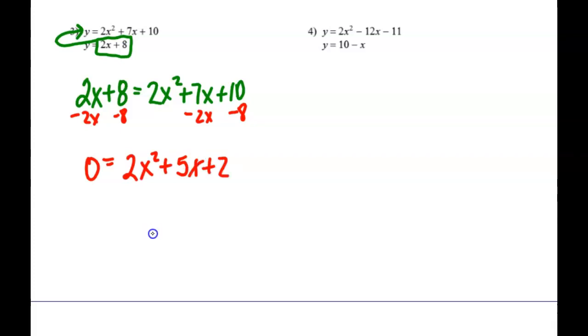Did anybody else get that? Okay. How do we make a 2x squared? We need a 2x and a 1x. And to get a 2 back here, we need a 1 and a 2 or a 2 and a 1. Anybody have a preference?